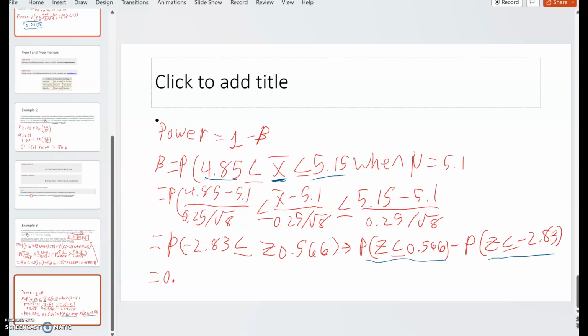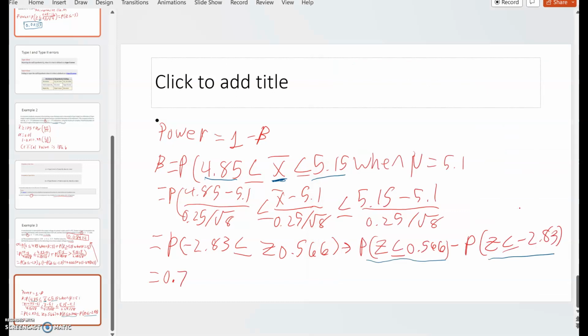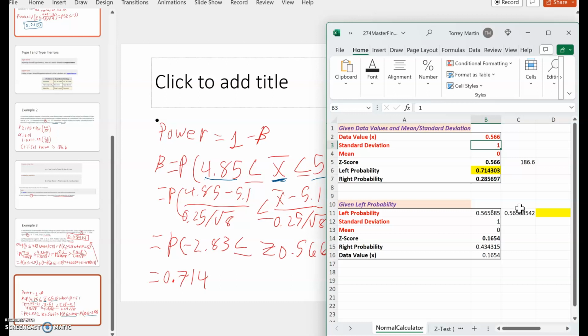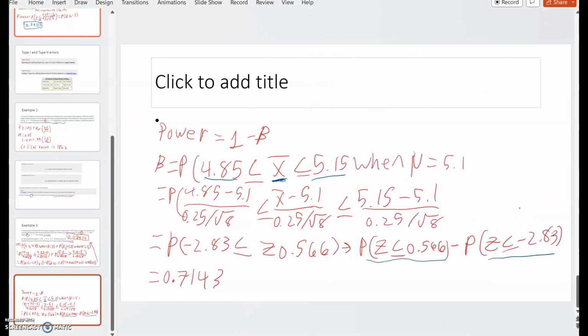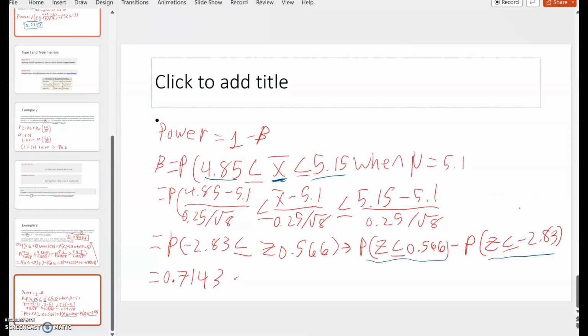Actually, what I'm going to do is write 0.566 to more digits, and I'll leave it there, minus the other one.